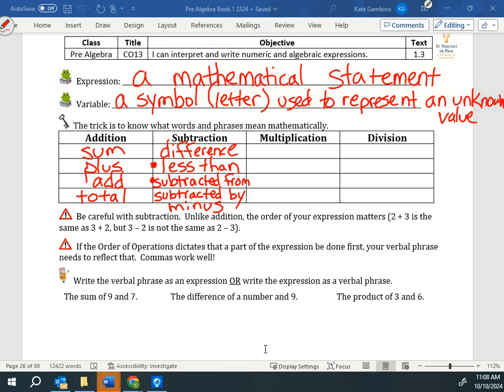Those are the ones that kind of flip how we think it's going to be. I'm putting little bullets next to those for a reason, because those are the ones to watch out for. When we see less than and subtracted from, we have to stop and think which one goes where. Multiplication.